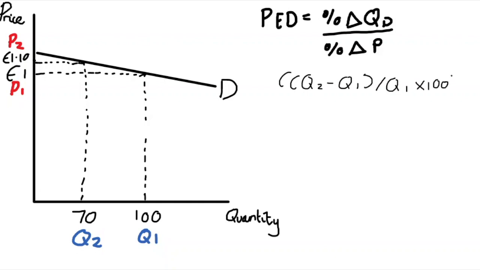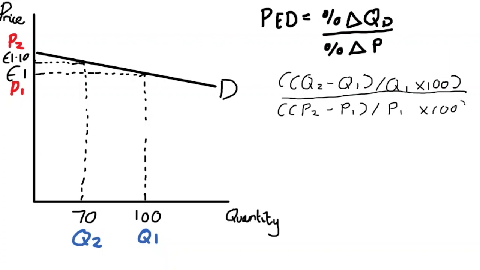So that represents the top of the line, the percentage change in quantity demanded. Below the line, we'll say it's the percentage change in price. So we'll just rework the top formula, putting in price for quantity: P2 minus P1, close the bracket, divided by P1, and all of that is multiplied by 100. So this is the long version of the formula.